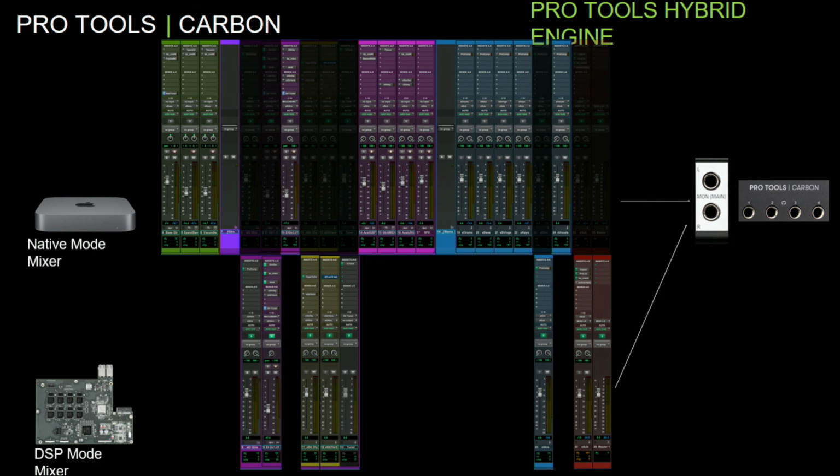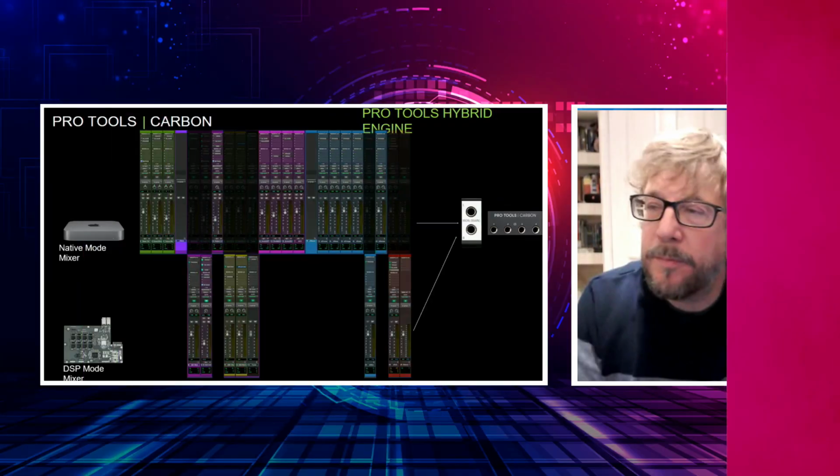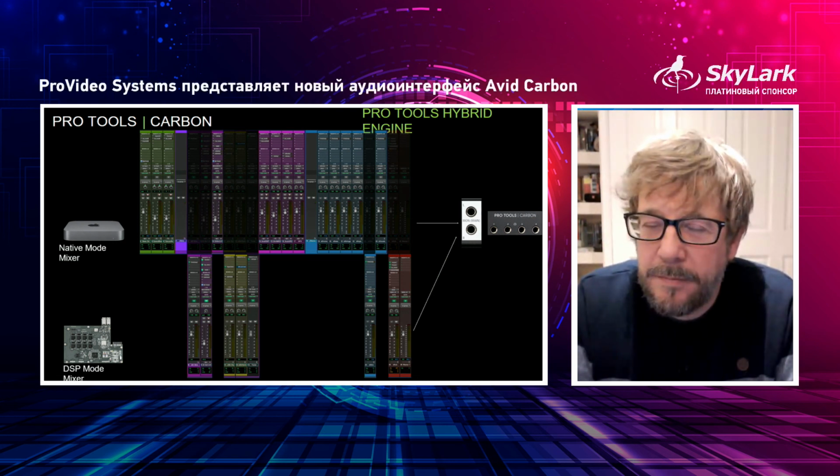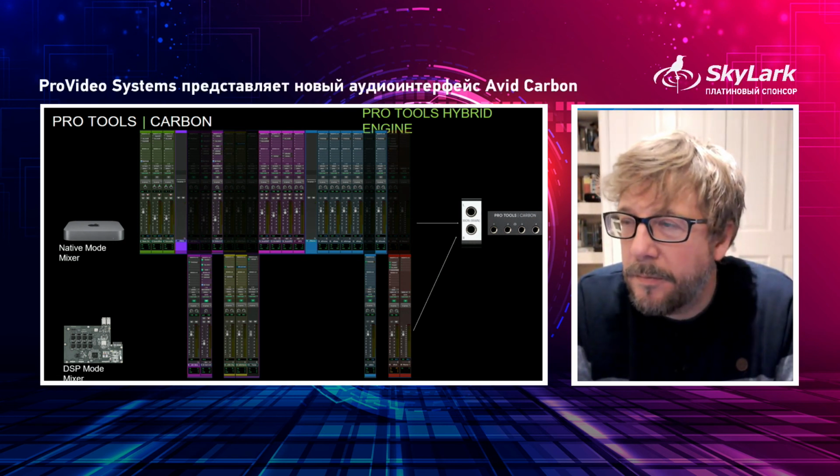Those two mixers get summed on the outputs of Carbon. So it means that you're hearing the output of those two mixers on your speakers or your headphones.